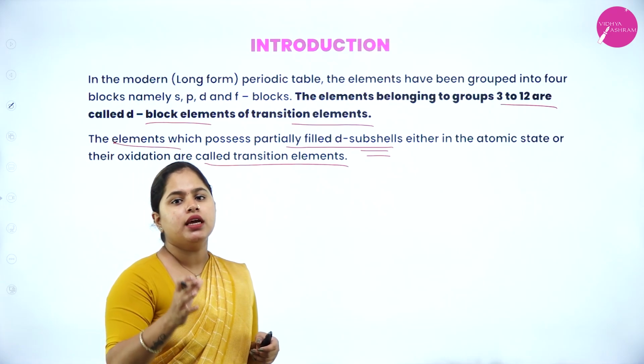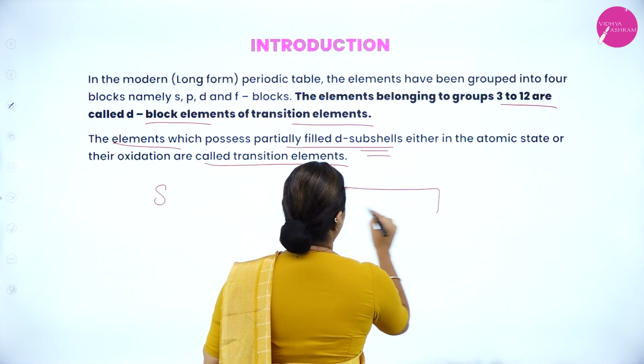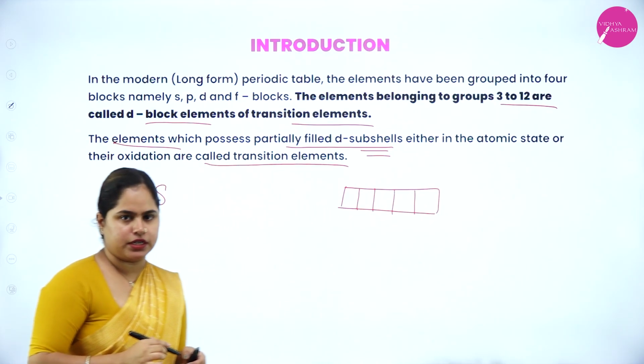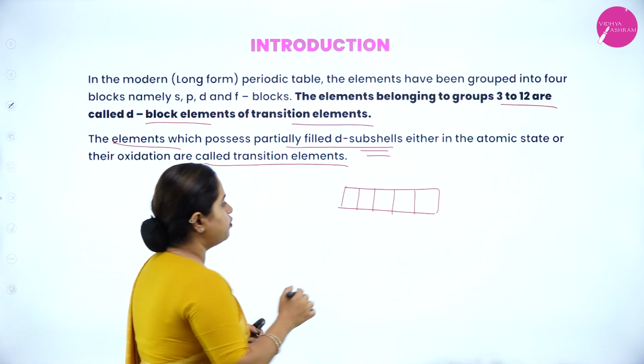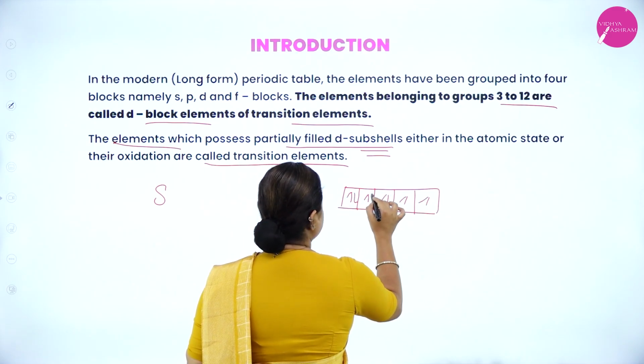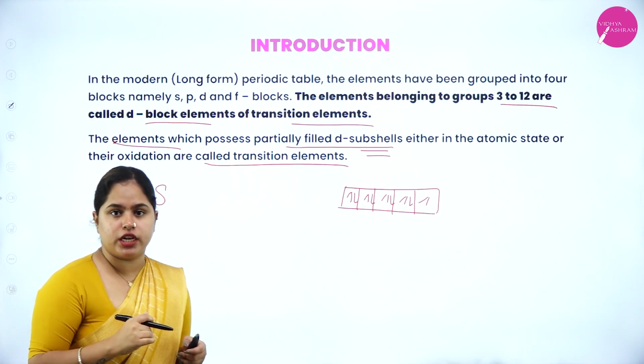So, how many D orbitals are present in the D subshell? We already know that we have 5 D orbitals. So, partially filled means it can occupy 1, 2, 3, 4, 5, 6, 7, 8, 9 electrons. Up to 9 electrons, we can say it is partially occupied.